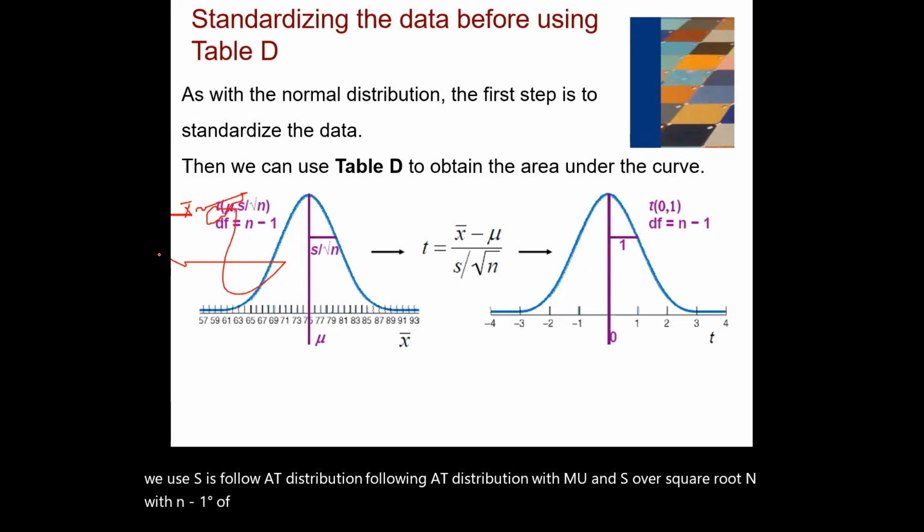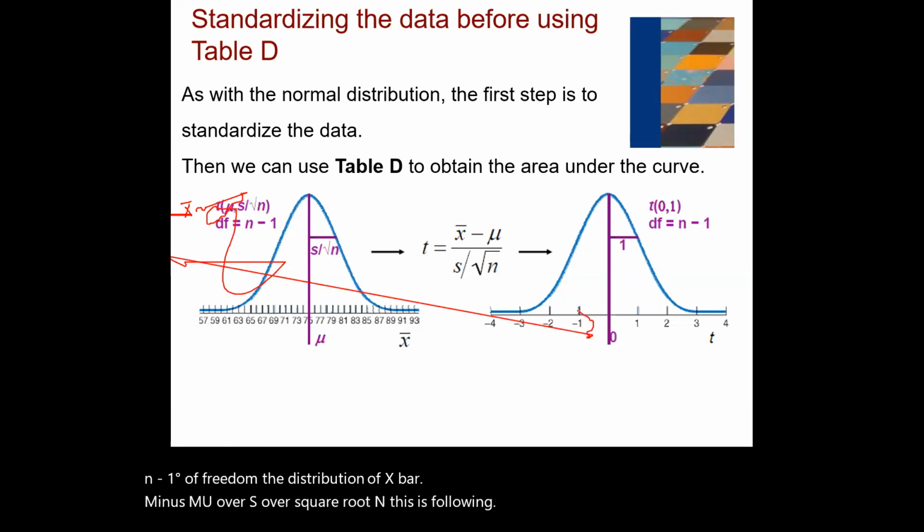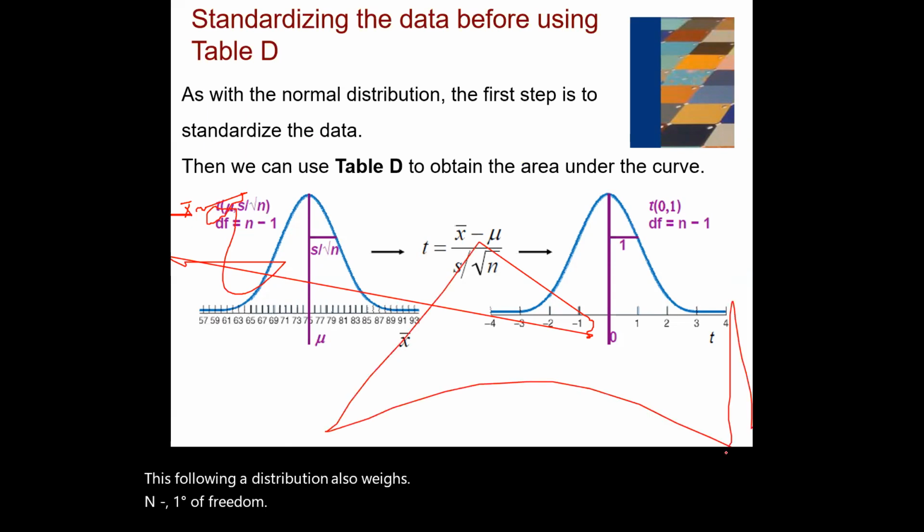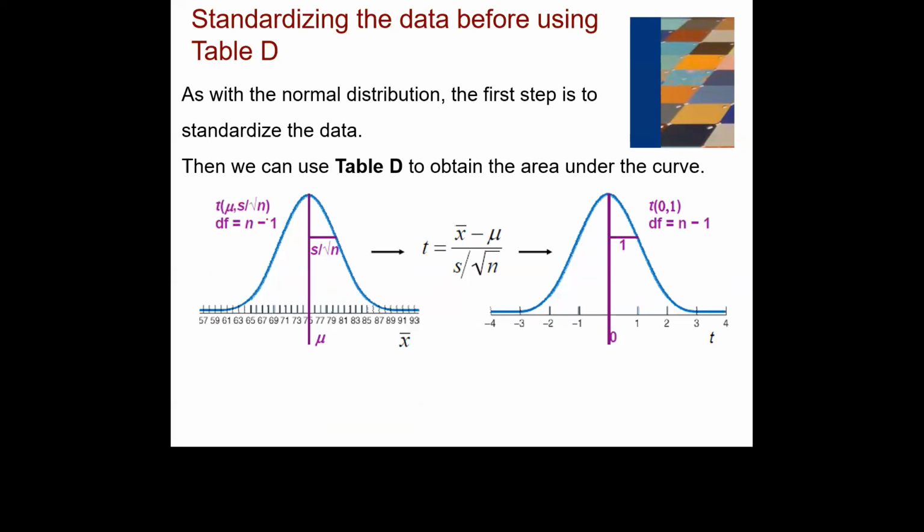The distribution of X bar minus mu over S over square root n also follows a T distribution with n minus 1 degrees of freedom.